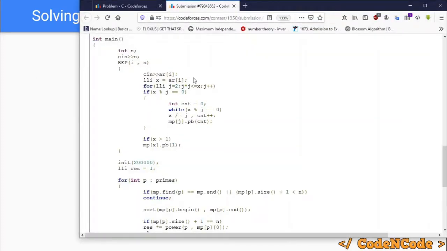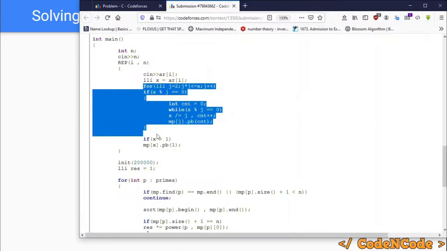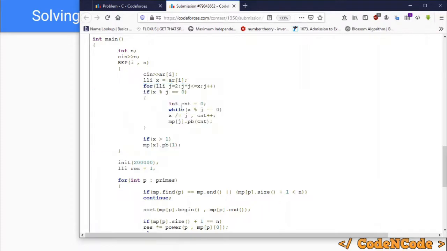So what I'm doing here is getting the prime factorization of this number AR of I. So for prime j, this is the count. So j raised to the power count is present in the prime factorization of AR of I, right? So in the vector of prime j, I am inserting this count.